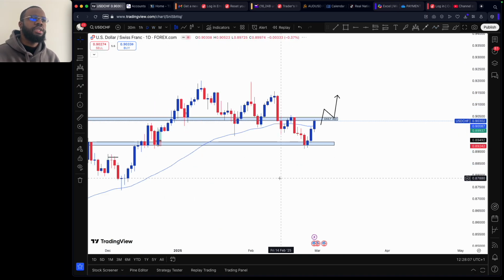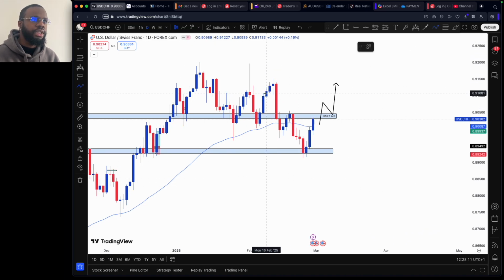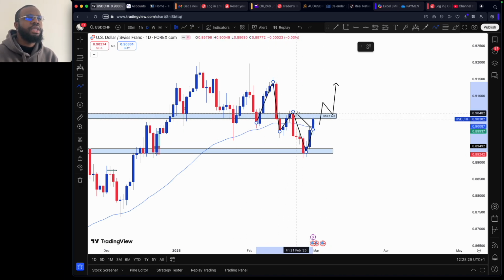Then if you go to the daily time frame, it is bearish. Why? We have a lower low, lower high, and lower low, and price was supposed to tap on this area of interest to sell down. But what can you see? Price broke above the EMA, above the area of interest. Now it is heading to the lower high of the market.